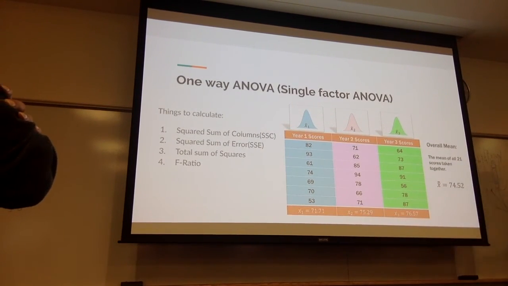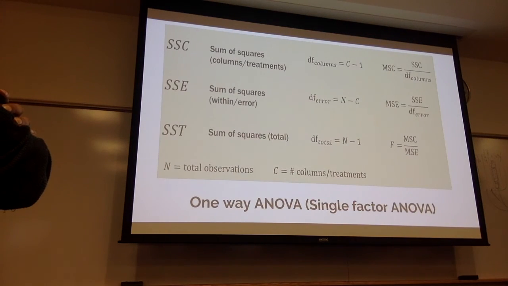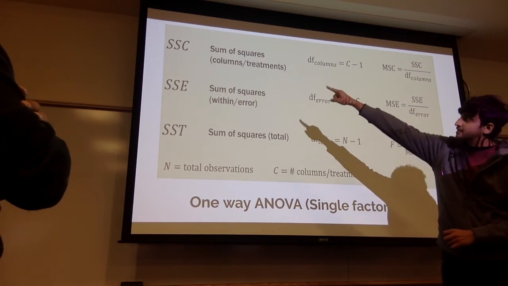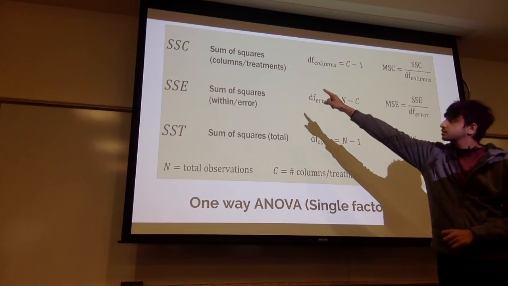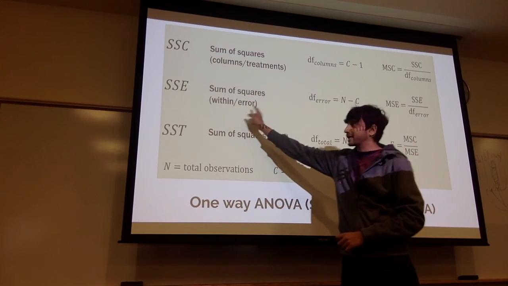The within and between, as my friend explained, is what this does. Now I put up this formula, SSE, the sum of squares within the columns. I calculated this.